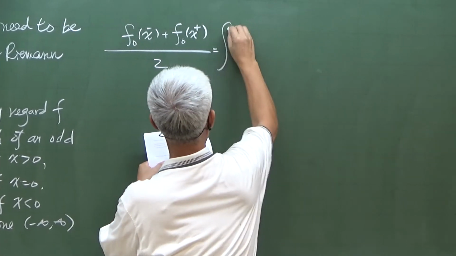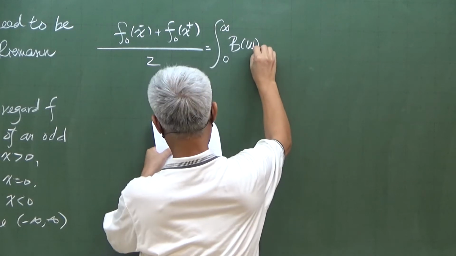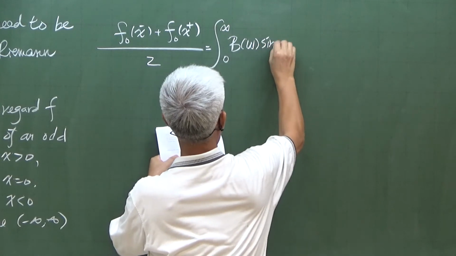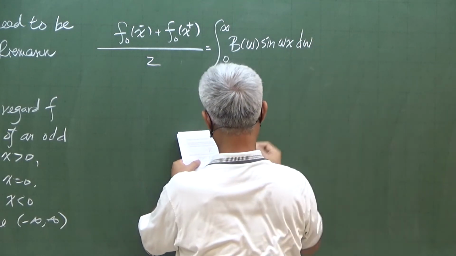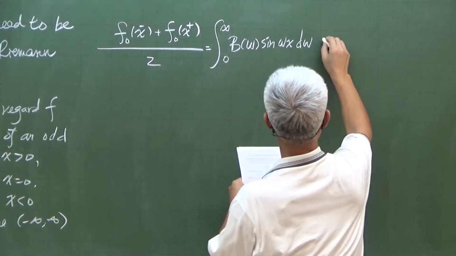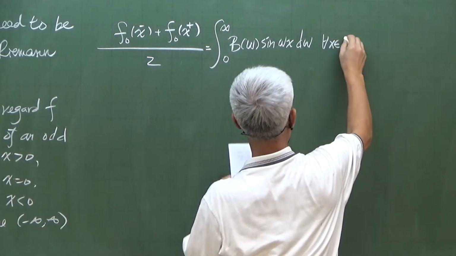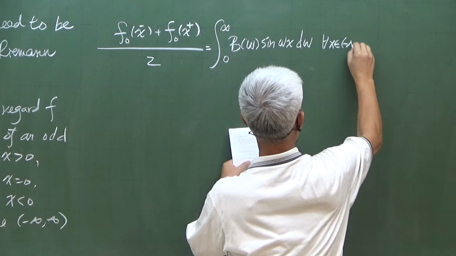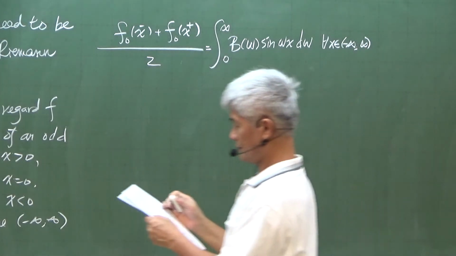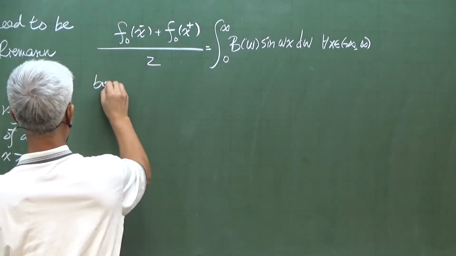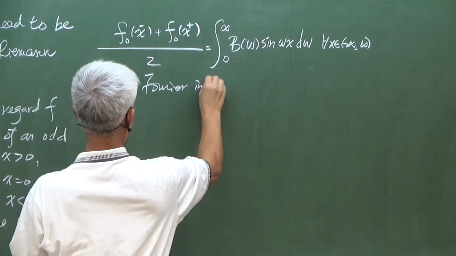This is equal to f for all x in the real line, by the Fourier integral theorem.